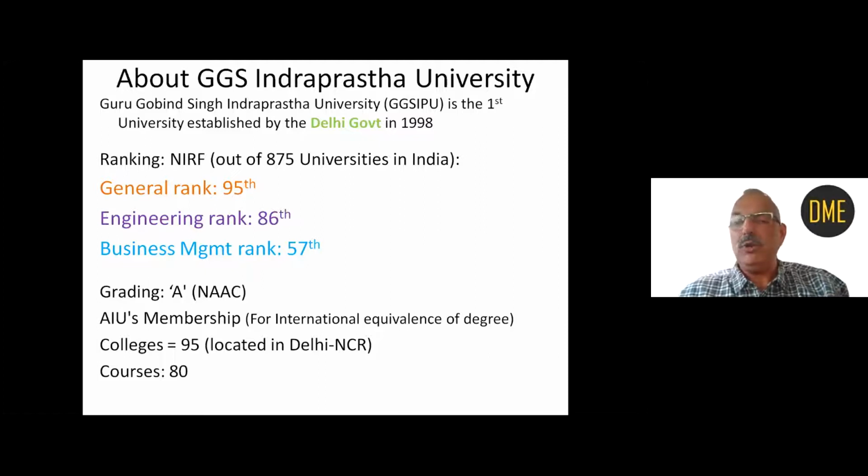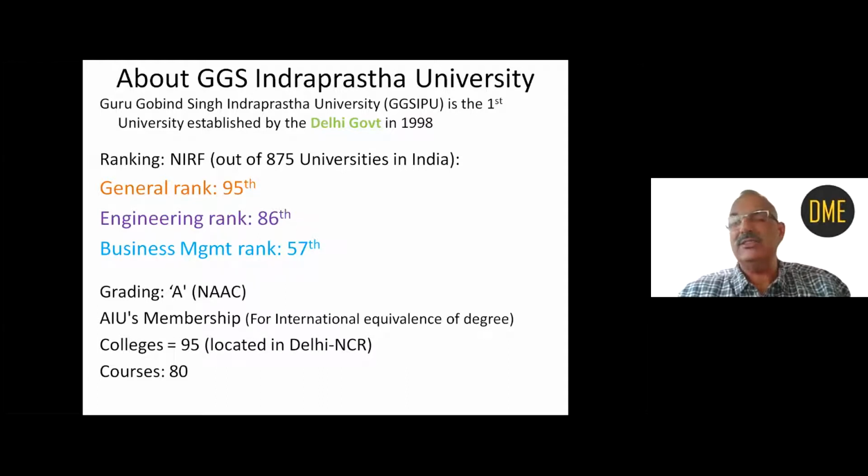So IPU has got colleges affiliated not only in Delhi but in NCR, which means the adjoining districts. So for example, there may be a college in Noida, in Greater Noida, in Ghaziabad. While University of Delhi has got colleges only and only in Delhi. So that's an extended part of the university.